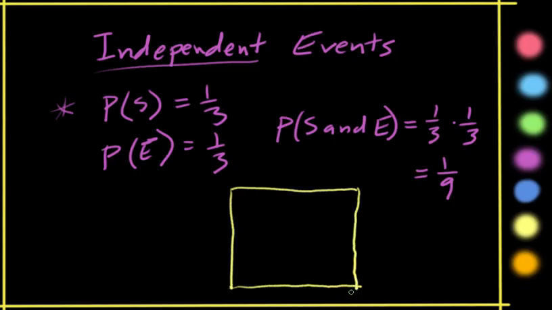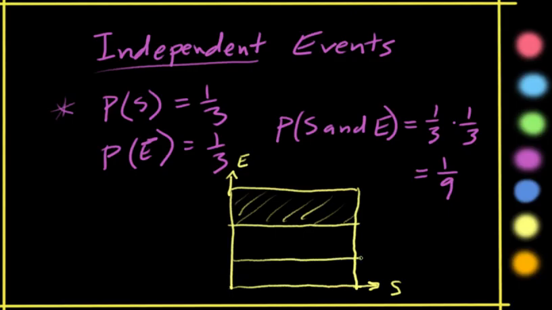So I have the probability of Sam getting an A in this direction along the x-axis, and the probability of Ellie getting an A on the y-axis. And 1/3 of the time, Ellie will get an A. So that's this top third here. And the other 2/3 of the time, she doesn't get an A. And then the same thing for Sam.